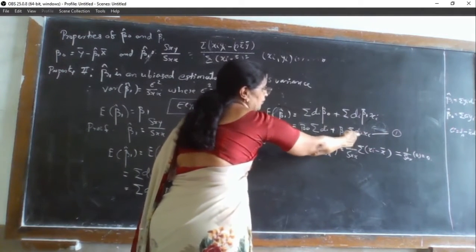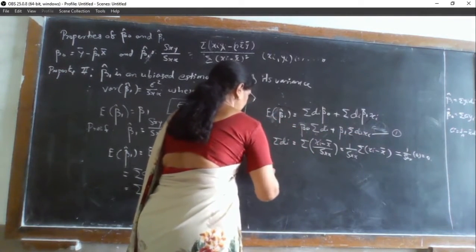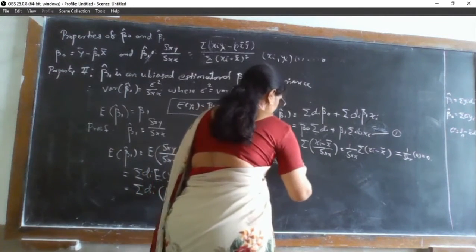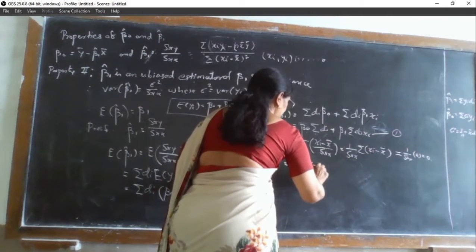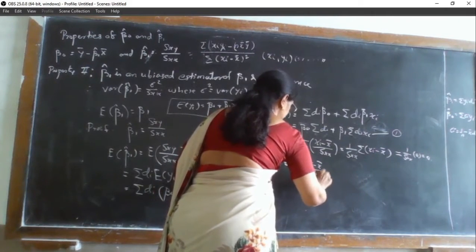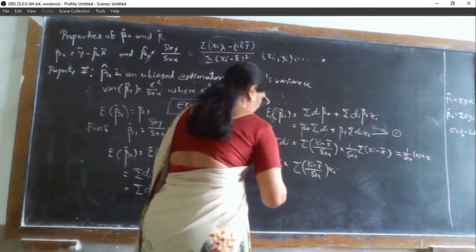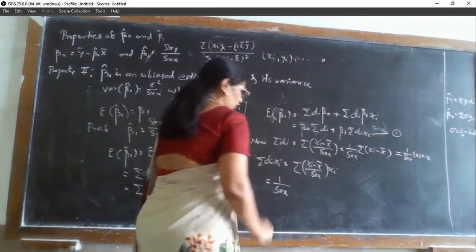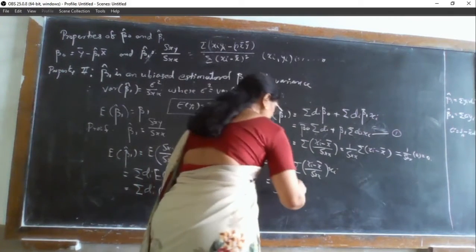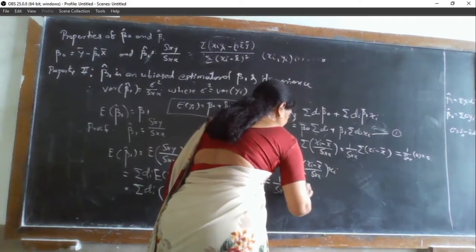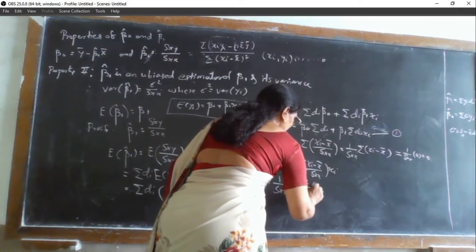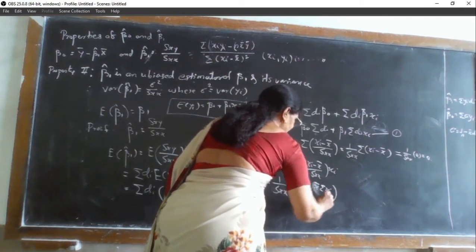Now look at summation of di into xi. Summation of di into xi is same as summation of (xi minus x bar) upon Sxx into xi. If you write it like this, 1 upon Sxx you can take outside because it is independent of i, and we have summation of xi square minus x bar summation of xi.